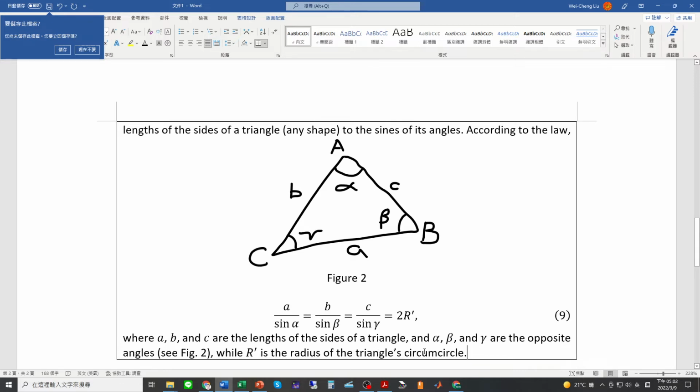Do you know the Chinese meaning of circumcircle? It is 外接圆.